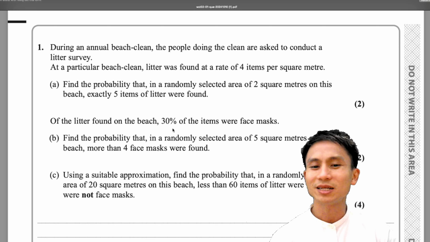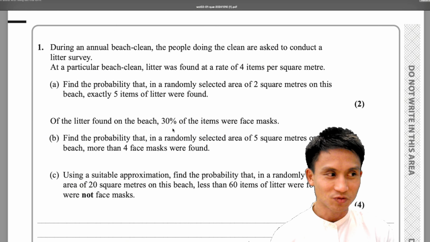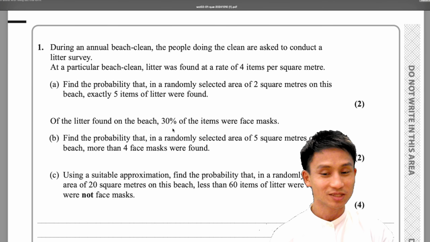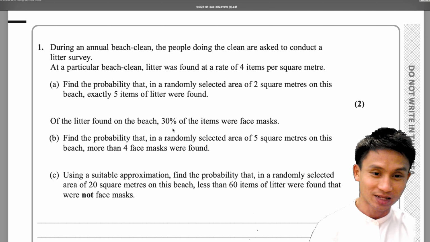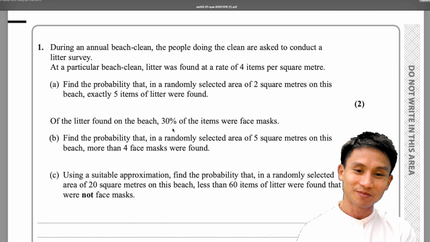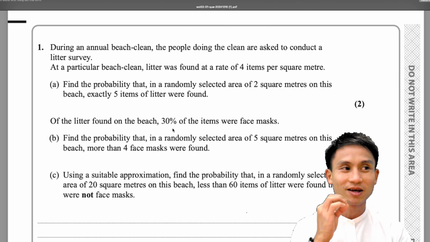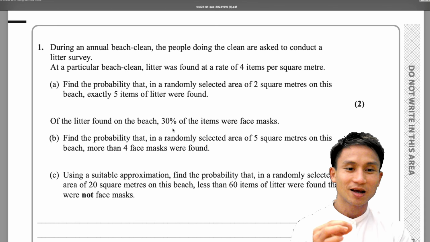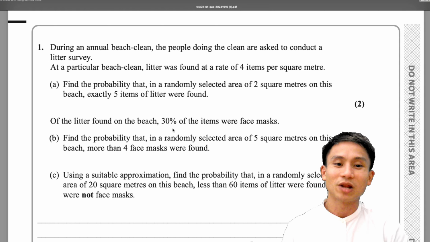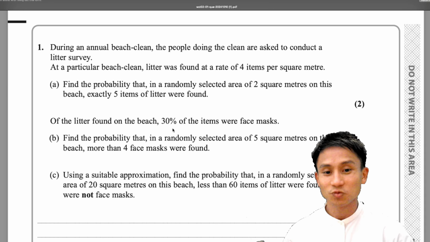In my teaching experience, I have never seen the case where you need to multiply the lambda by this kind of percentage. So this is also new to me, actually. Maybe I haven't done enough papers, but I have to admit this is the first time I see a question like this where you have to multiply a percentage to a total lambda to get just a fraction of lambda for other things within those things.